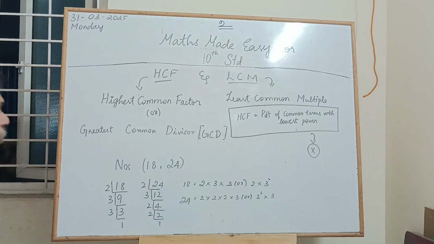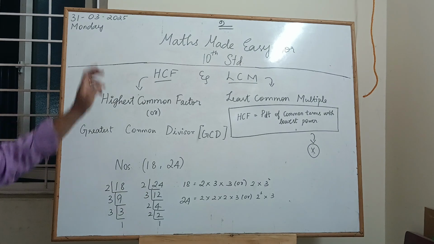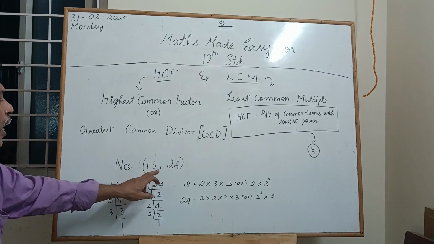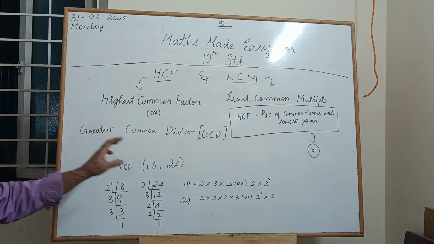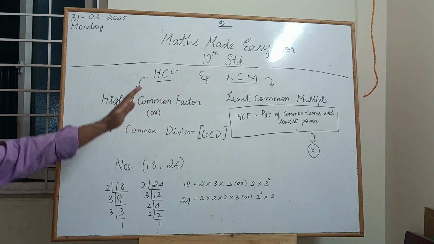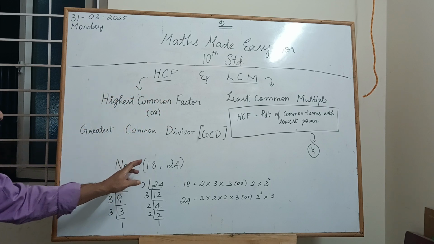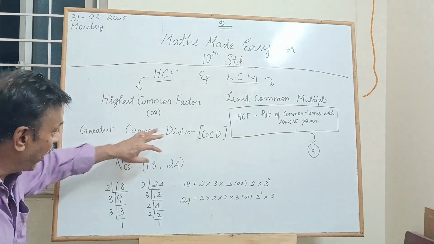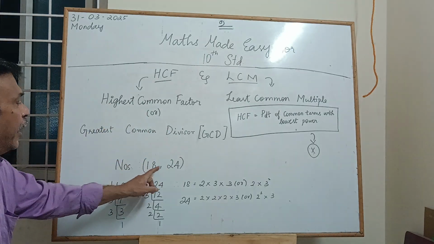Now we are going to find the HCF of the numbers 18 and 24. Next we will go to the LCM, but first I am going to explain what HCF is. So what is the HCF of 18 and 24?